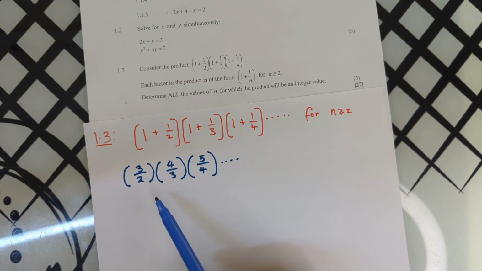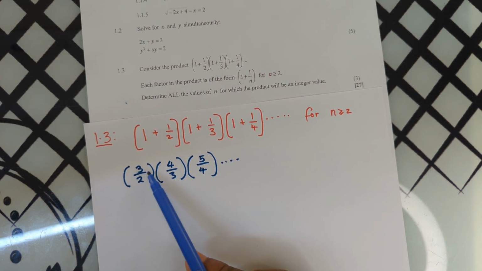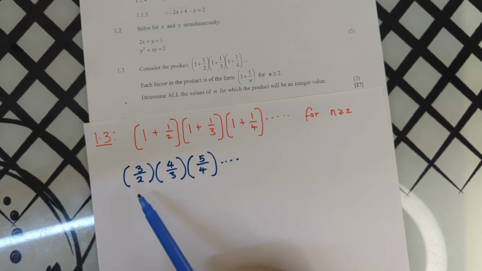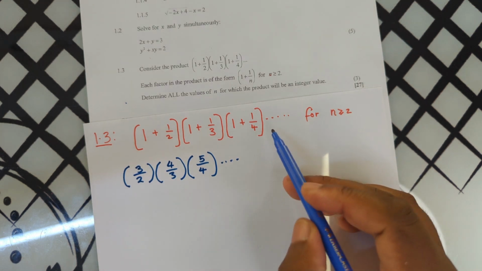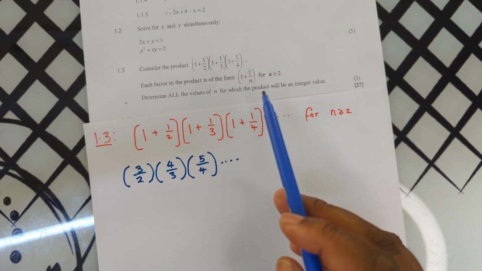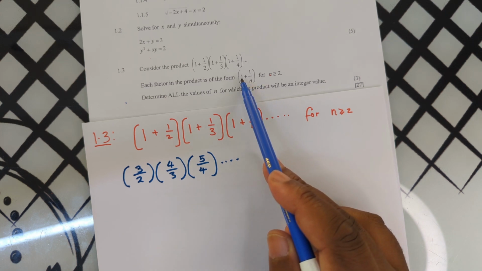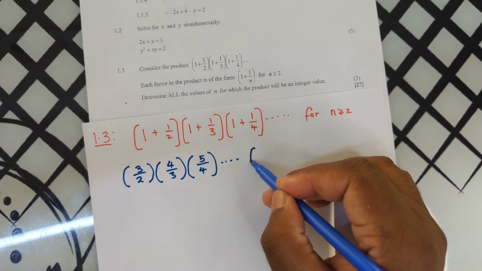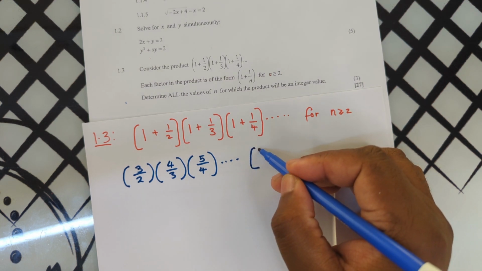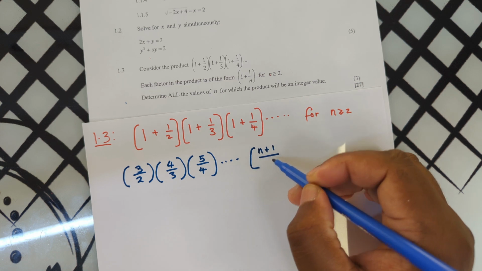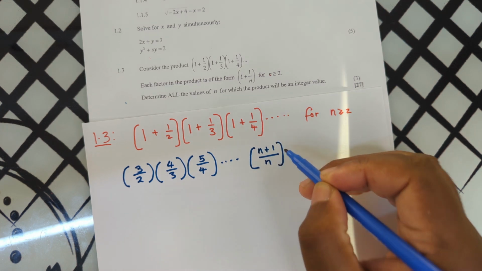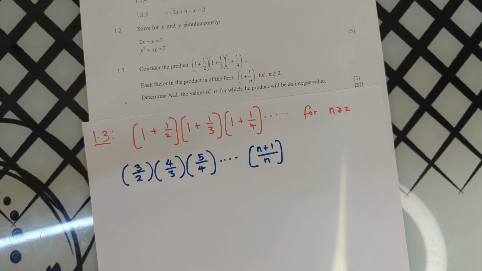And you will see that the numerators are in ascending order from 3 going upwards. The same applies to the denominators. They are in ascending order starting from 2, increasing by 1. And our last term, since the question says it is 1 plus 1 over n, so we multiply 1 multiply n, that's n plus 1, is going to be n plus 1 over n. This is our last term.